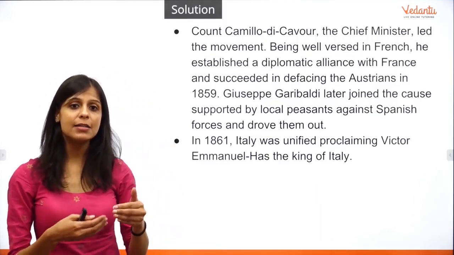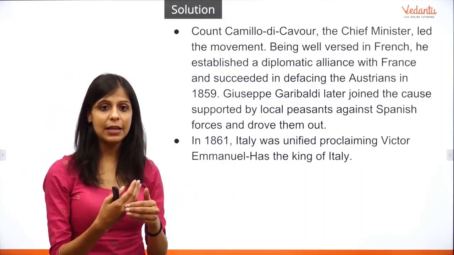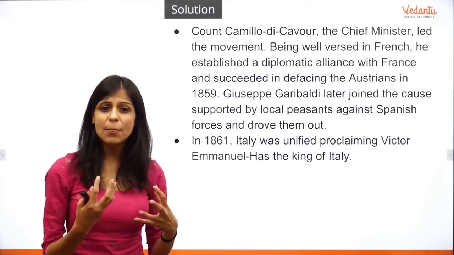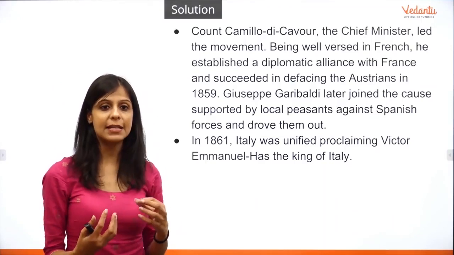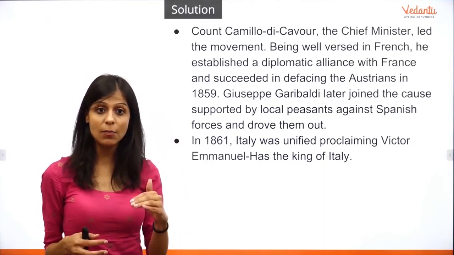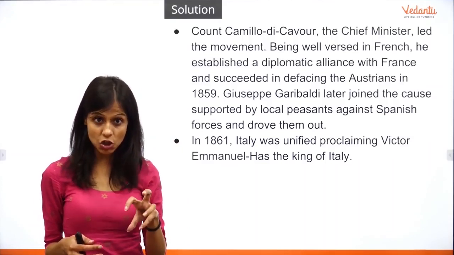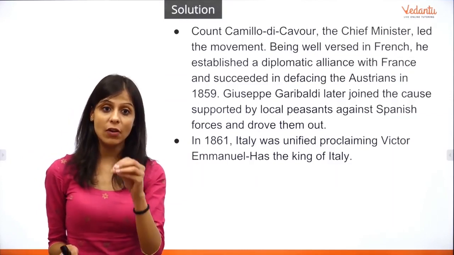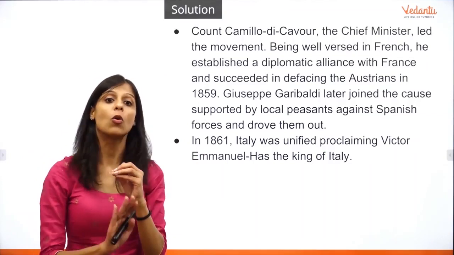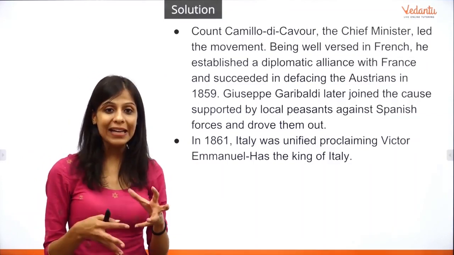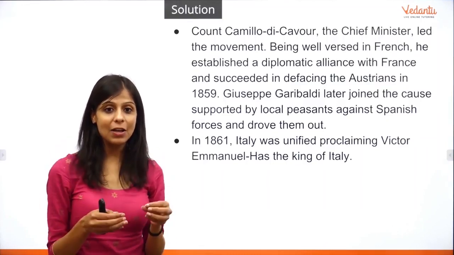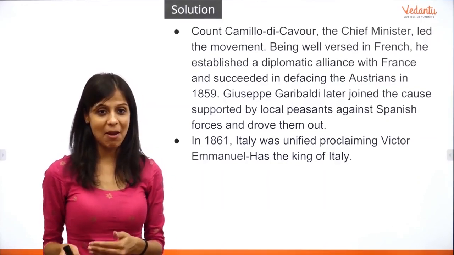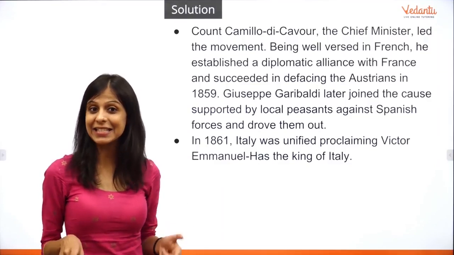Finally, Garibaldi got the support of all those local peasants. Like I told you, the southernmost section was ruled by the Spanish, and they were overthrown by the efforts of Garibaldi, who got the support of the local peasants there. And finally, Victor Emmanuel was declared Emperor of Italy in 1861.